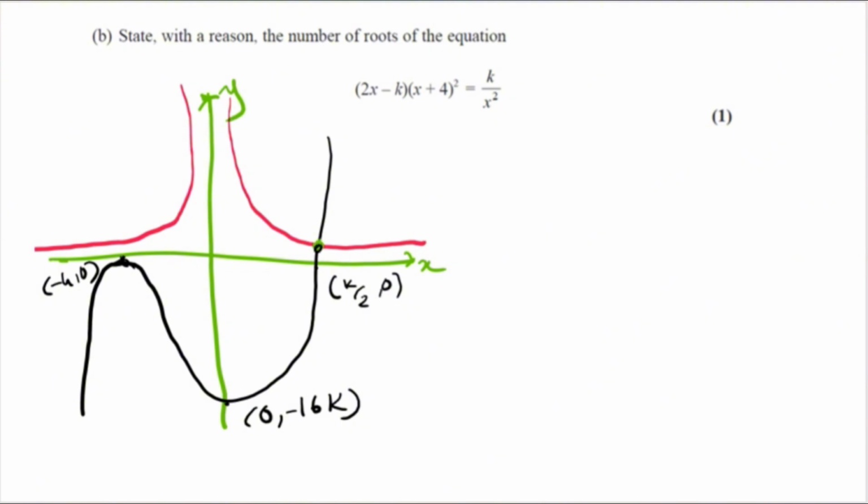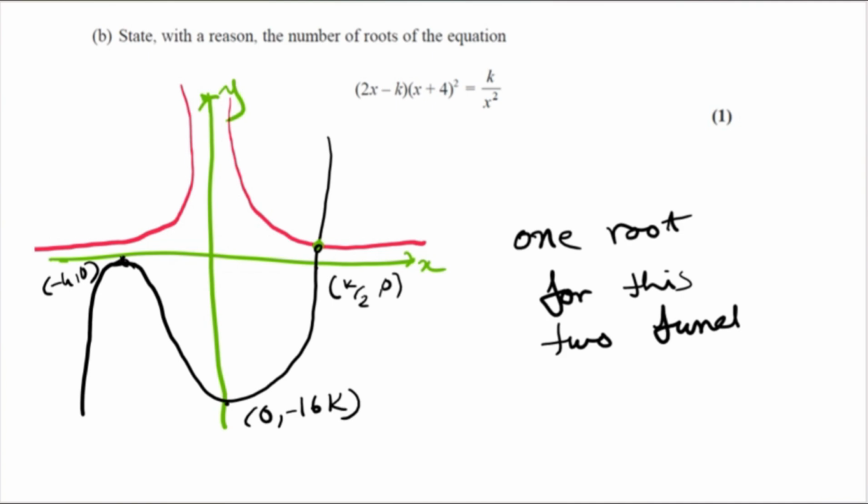So that will tell you we have only one root for these two functions. When they are asking for a reason, we have to write one root, because, as the reason, you can write, they are intersecting at only one point.